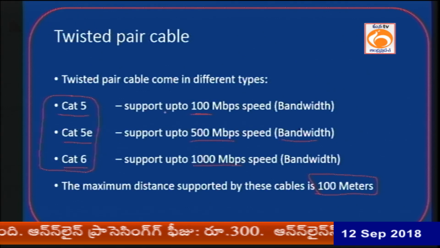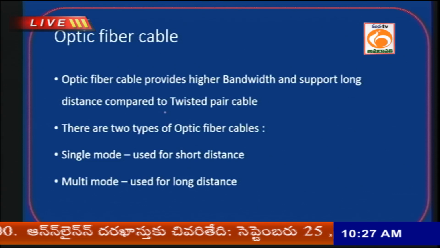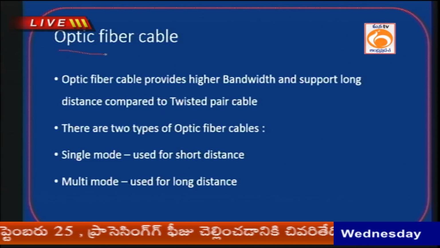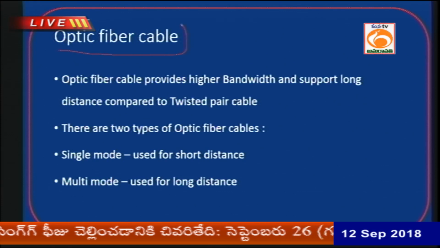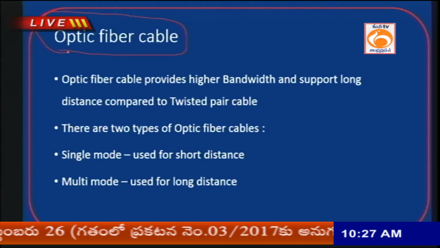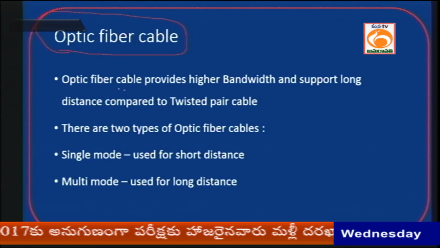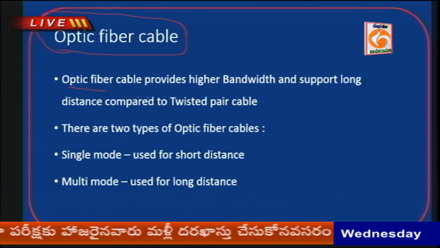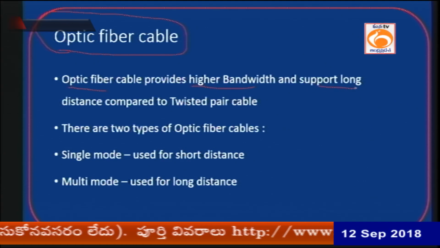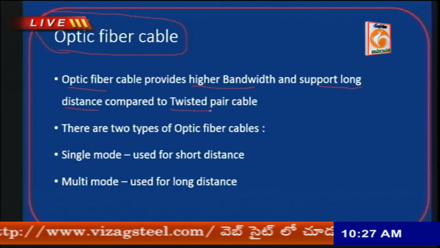The next discussion is about the second type of cable, called fiber optic cable. This fiber optic cable provides higher bandwidth as well as long distance. The main advantage of fiber optic cable is higher bandwidth and support for long distances compared with the twisted pair cable.